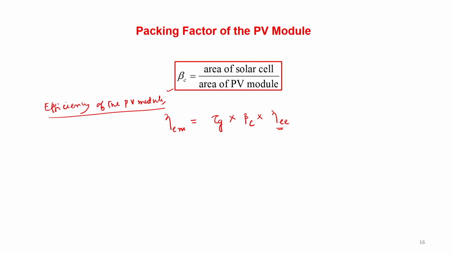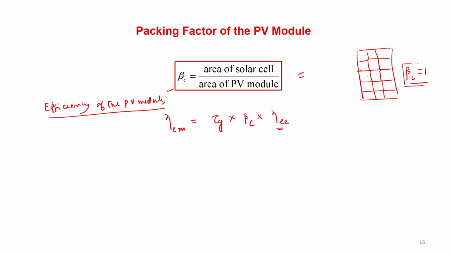Okay. So, if we consider this module and this entire module is covered with cells, no other gaps are present, then its packing factor will be 1 as per the definition, the area of the solar cell to the area of the PV module.